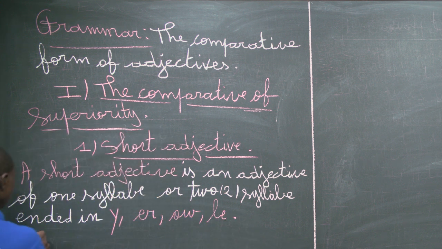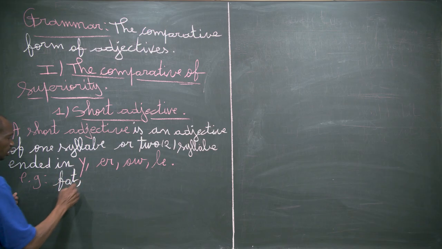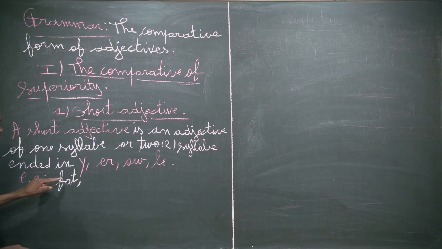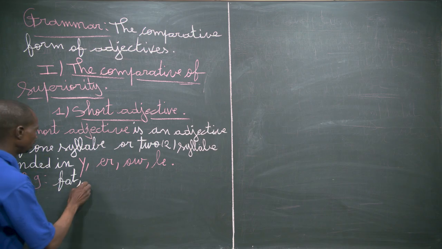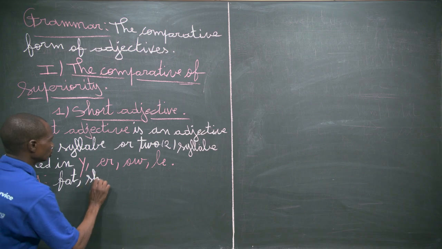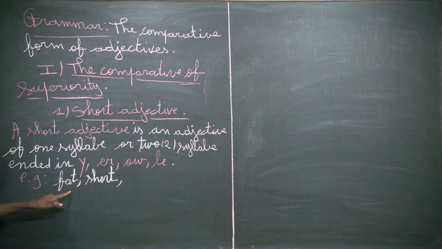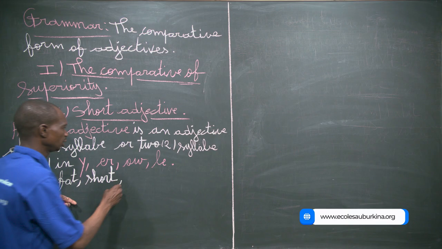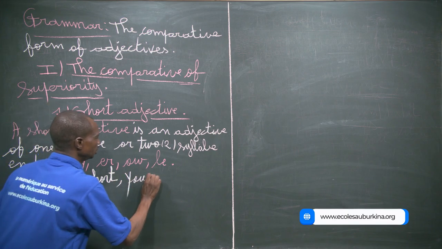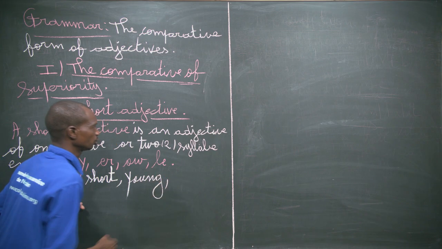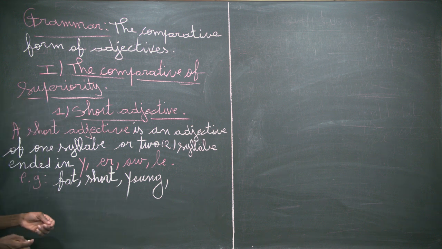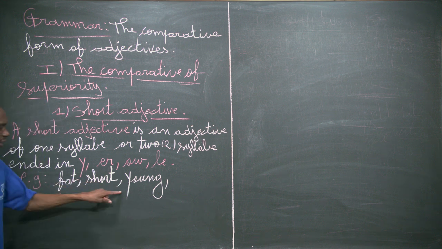Let's give examples of short adjectives. We take, for example, fat. Fat is a short adjective because it is formed with one syllable. Short is also a short adjective. Young also is a short adjective because it has one syllable.